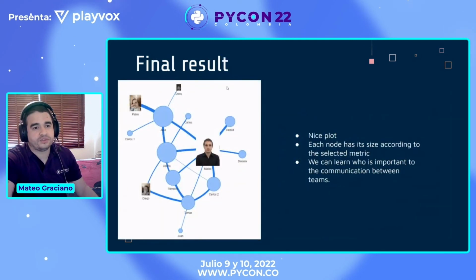At the end, you have a nice plot where the size of everything has a meaning, and you can say that between these teams, the most important were Mateo, Adolfo, Jose, Vanessa, Tomas, Carlos. The others were not communicating with them, so we should work on their communication, because they should be communicating.